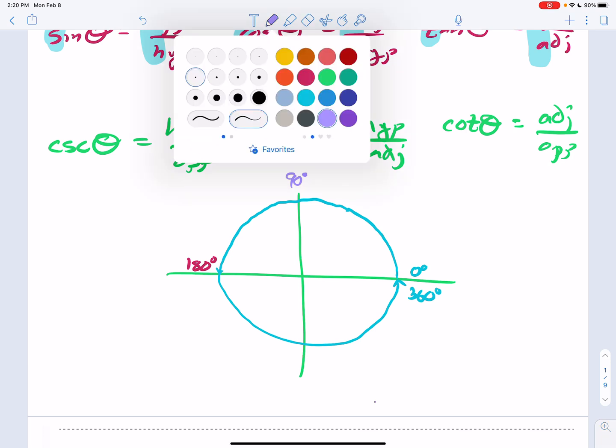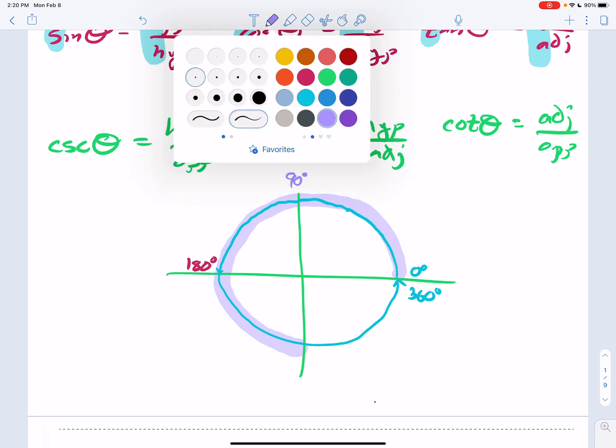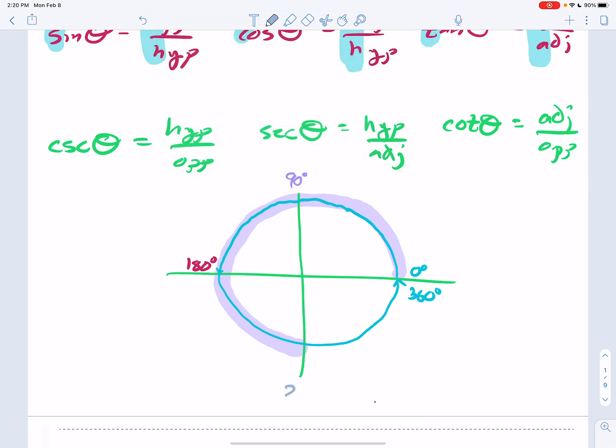What if you were to go that much? Press play when you're ready. So that right there is actually 270 degrees. If you notice, every quadrant, you're traveling 90 degrees. And 4 times 90 is 360, right?